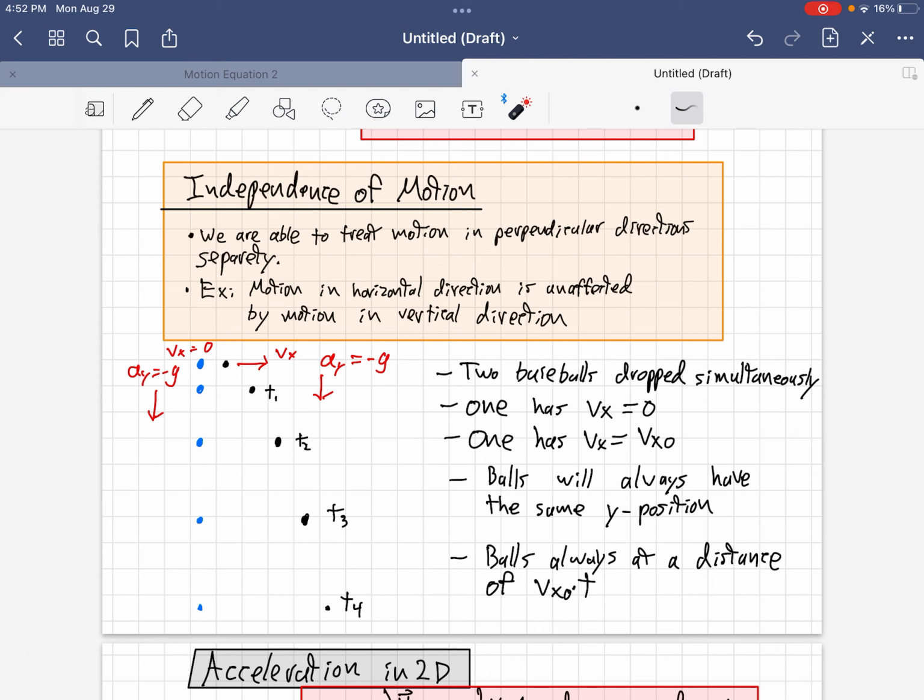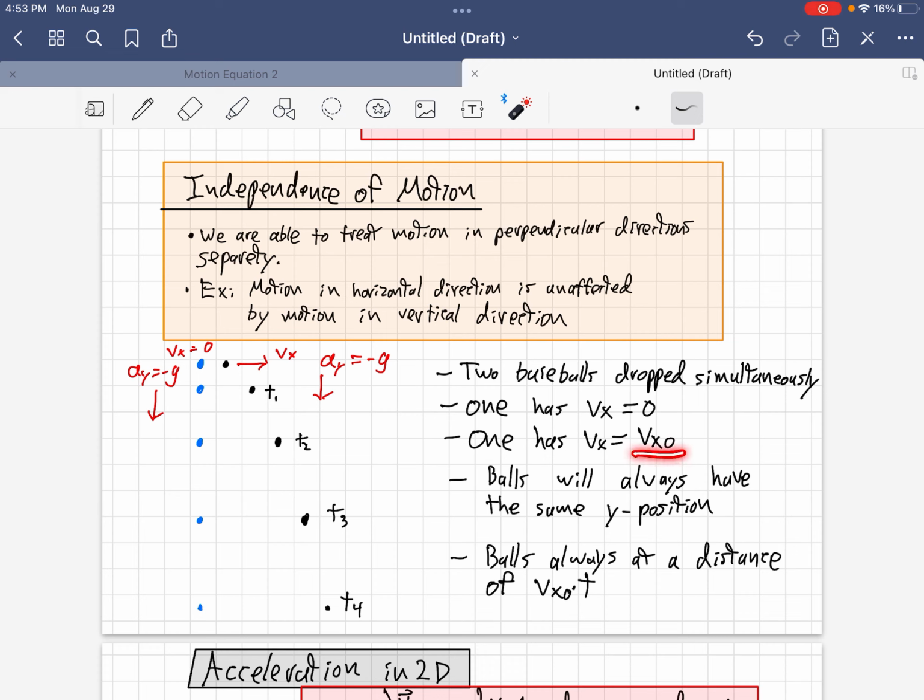So for example, if you have two baseballs that, let's say, are initially in the exact same position, and then you drop each of them. One of them has a zero velocity component, so it's just being dropped straight down. The other one is thrown with a velocity vx naught, the initial x velocity.